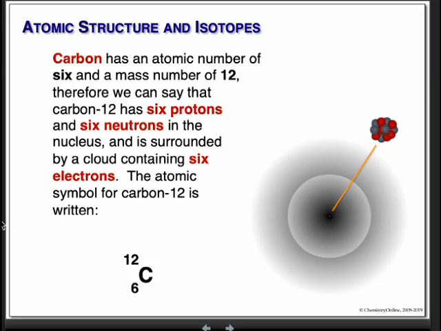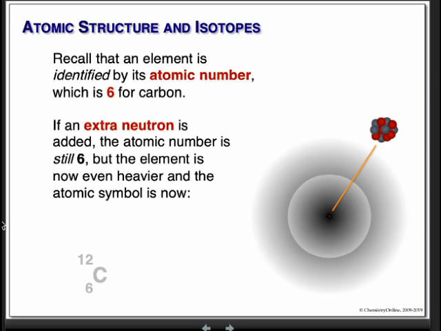But what if I took and added an extra neutron? I would still have carbon because it's got 6 protons, but now the mass number is 13. For carbon, I can do this again.